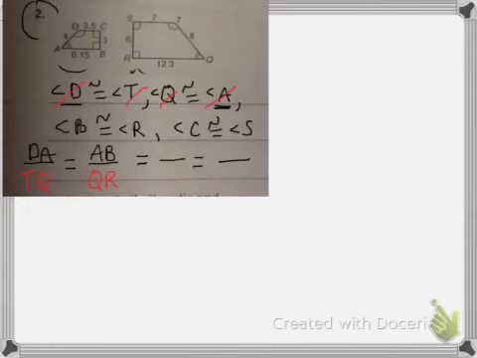So for the third side, the ones that are at the top one here is called DC, and the top one on the right-hand side is called ST. And the last one is the one between the two right-angle sides. So we need to do CB and SR. All right. We'll try some more of those in class tomorrow.